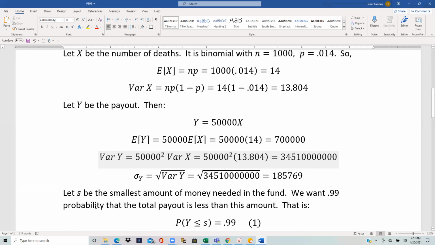They said the probability should be at least 0.99, and you want to find the smallest fund. So we check what fund we need for 0.99 probability, and for greater probability you would need greater fund. So the smallest fund that will work is the fund that corresponds to 0.99 probability, because that's the smallest probability in the range.